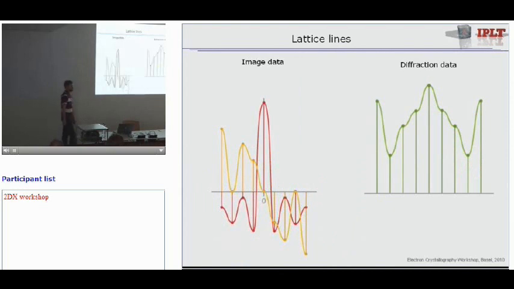If you now record diffraction patterns, it's a little bit different. The difference is that you don't really measure the amplitudes and phases or the real and imaginary parts, but you measure the intensities of your individual diffraction spots. So basically you measure the squared function of this here. This has some consequences. First, you have just intensities, you lose the phase information.